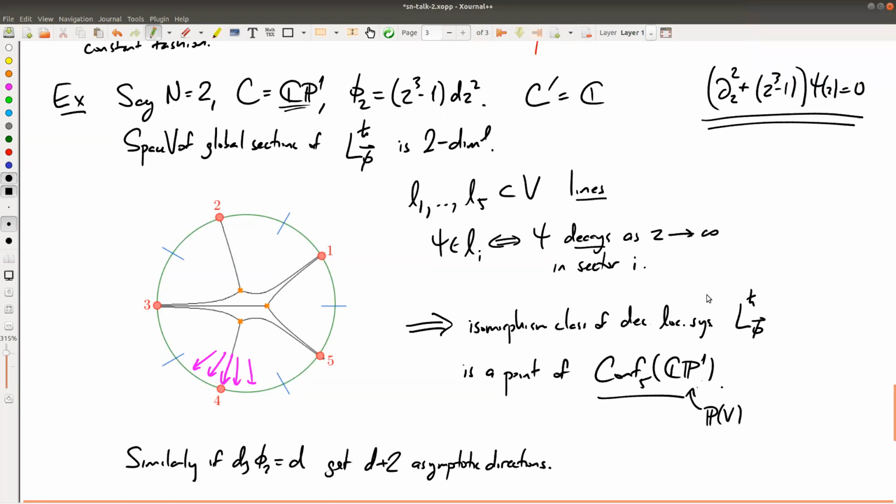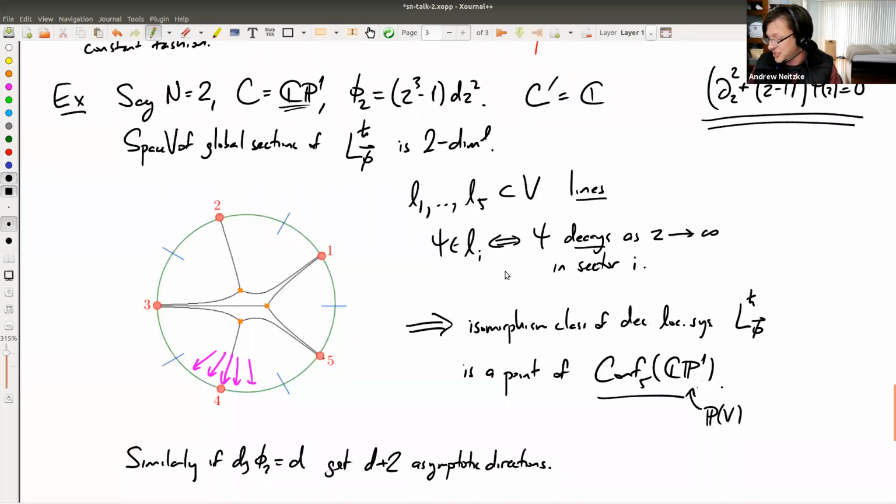And what is an isomorphism class of the decorated local system? By definition, a decorated local system is just the data of a local system plus these asymptotic filtrations by order of growth when you go into any singularity. That's literally what I mean by a decorated local system.